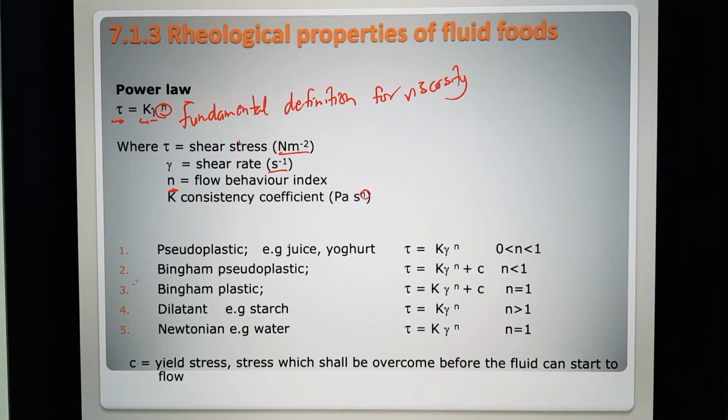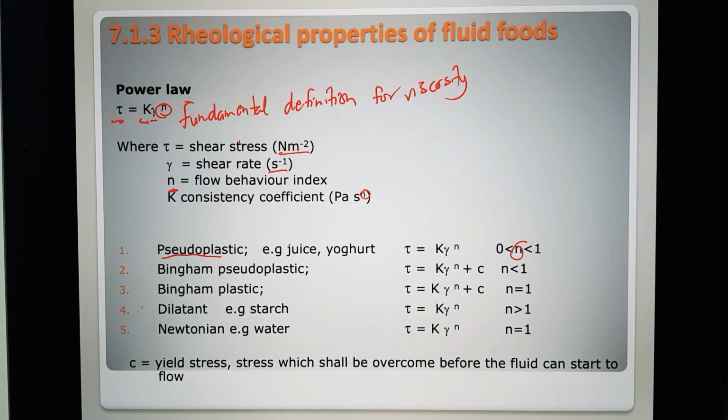Okay, we have several types of fluid. When subjected to shearing force, how does that particular fluid behave? The first one is pseudoplastic, for example juice and yogurt. The value for n is between 0 and 1.